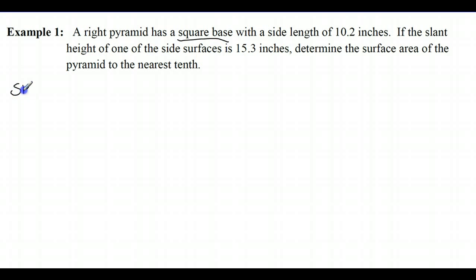Okay, so the surface area is going to be the lateral surface area plus the surface area of the base. Okay, so remember the base is what it's resting on, in this case the square base, and the lateral area is the area of the triangular faces. So if I can draw a picture, which I probably can't, at least not well.